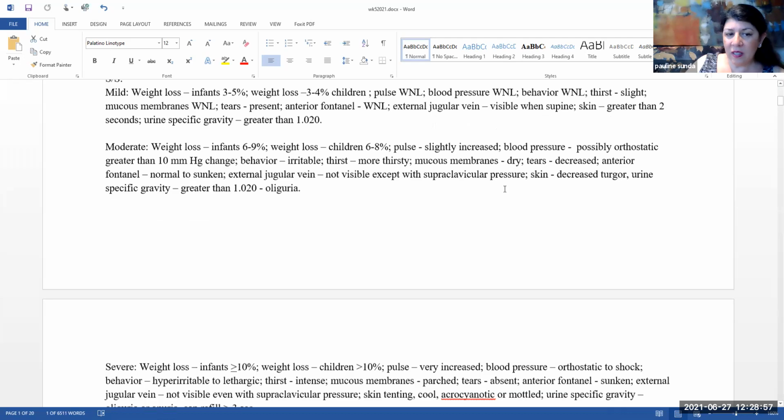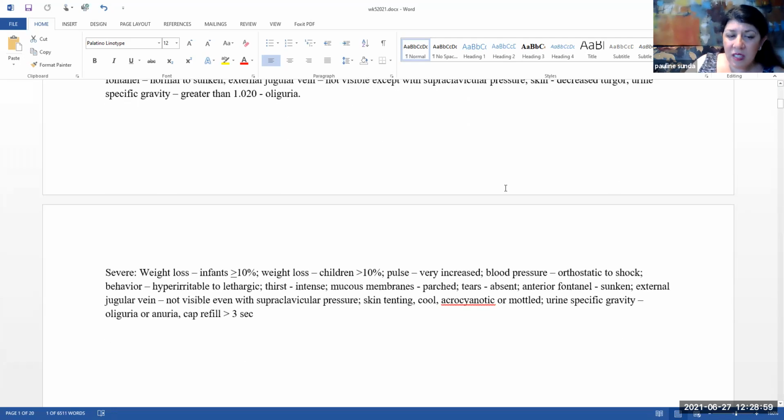They may be oliguric. For severe dehydration, the weight loss in infants is usually more than or equal to 10%, and in children it would be more than 10%. The pulse is increased, blood pressure, they can be orthostatic hypotensive or in shock. Behavior, they can be very irritable, and then they might actually even become more lethargic. They may be extremely thirsty.